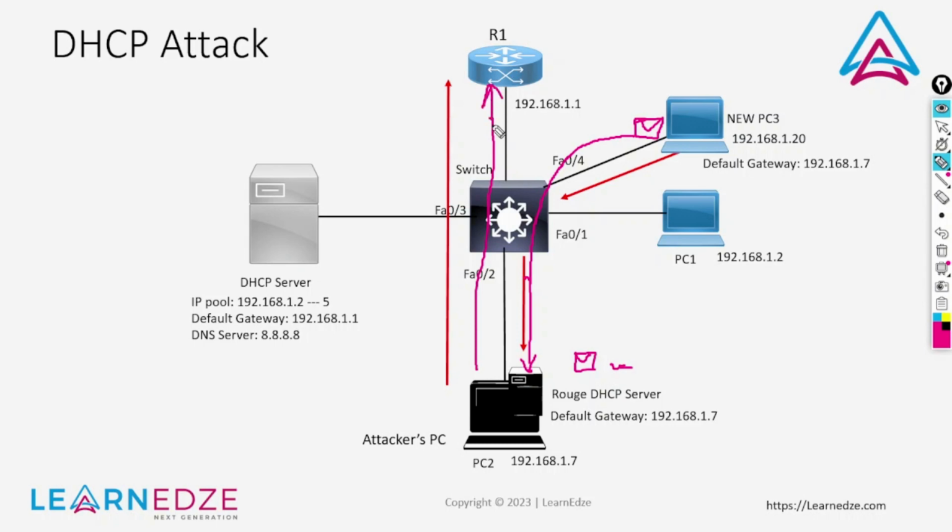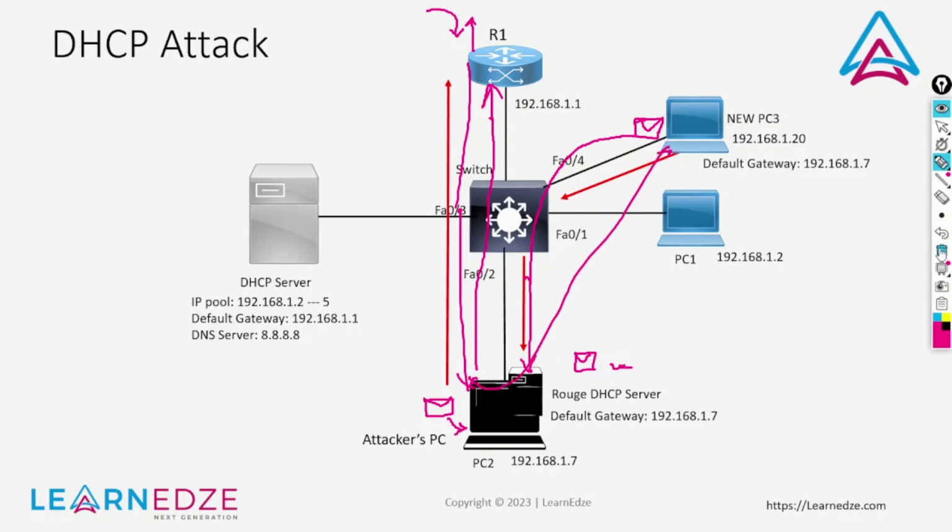Router R1 will transfer this traffic outside the network. When the reply comes, router R1 will send the packet to PC2, which is nothing but the attacker's PC. The attacker's PC will copy the reply for further processing, and again reroute the packet to the new PC.